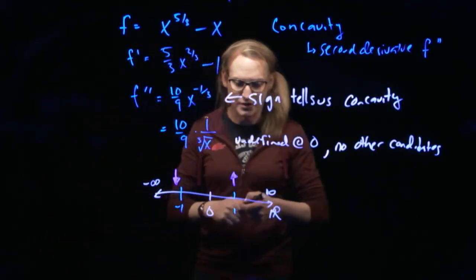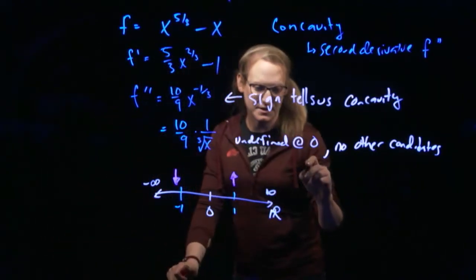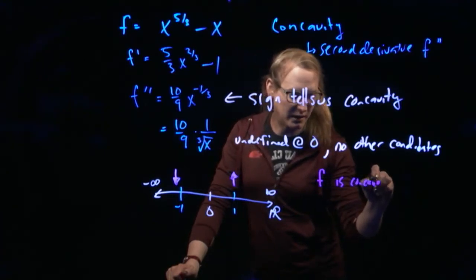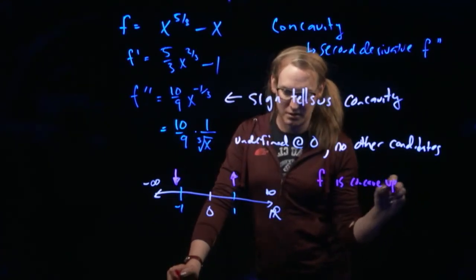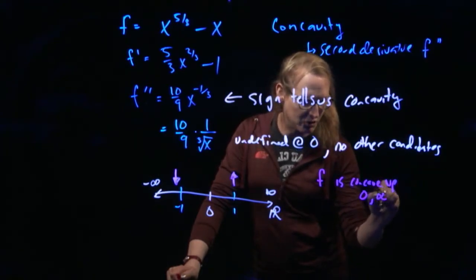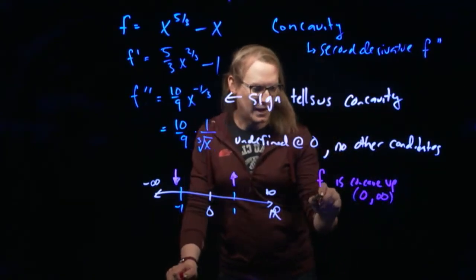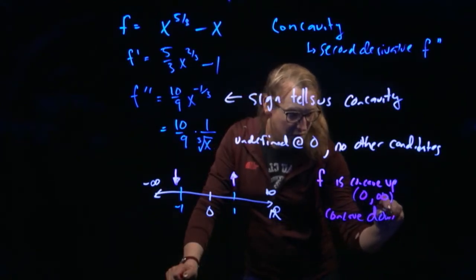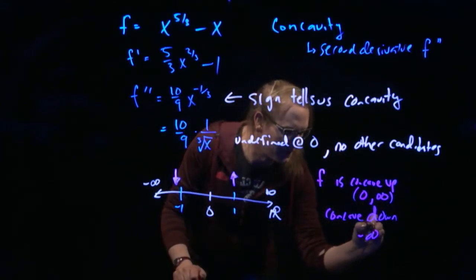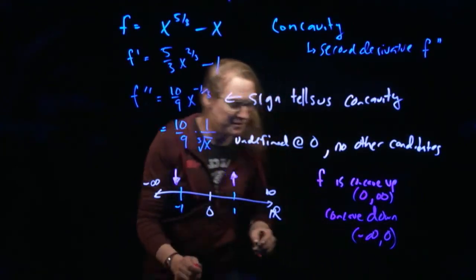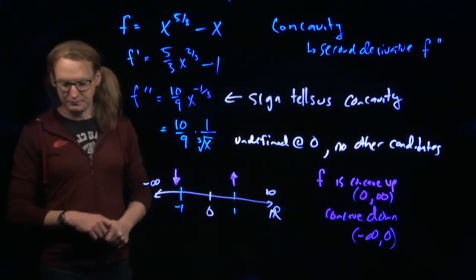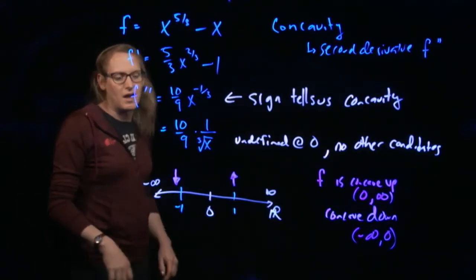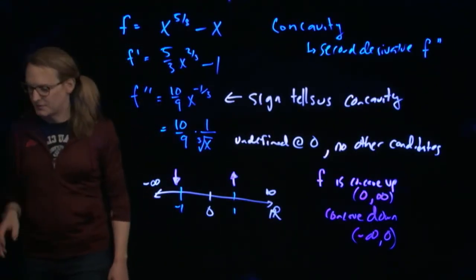So our conclusion then is that f is concave up from 0 to infinity and concave down on negative infinity to 0. And all we need to know is the sign of f double prime to make that determination.